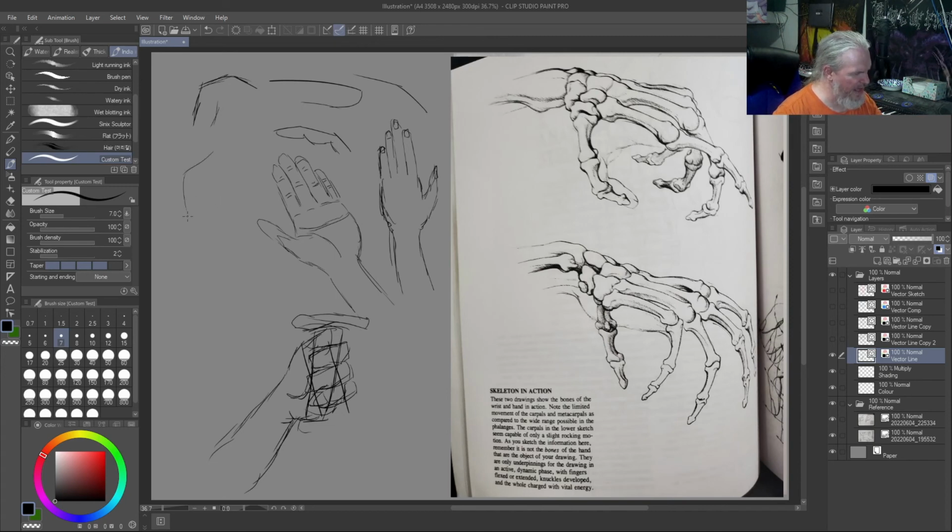When fingers bend, okay, the bottom part kind of goes up underneath the next part. So they crease in.